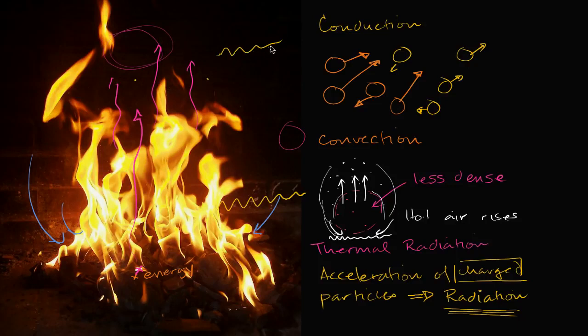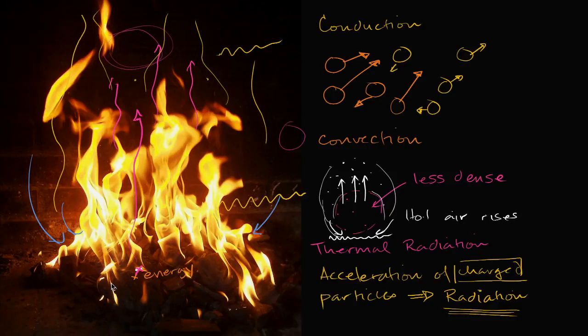They're also releasing electromagnetic radiation, but at a longer wavelength than your eye is capable of perceiving as light. If you had an infrared camera, you would see the flames being much larger. You would see them go all the way up here.